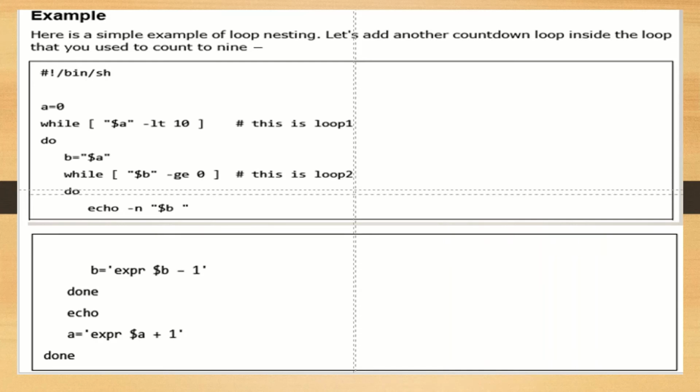As long as b is greater than 0, you print the value of b. The cursor stays the same line, so you write echo -n. Then b is equal to b minus 1. Whatever value you assigned to b from a, you decrement it by 1, and once it is no longer greater than 0, you quit the inner loop.